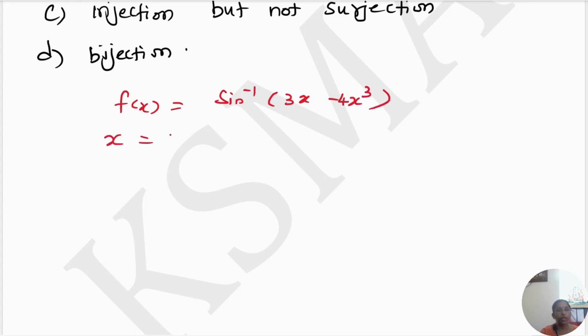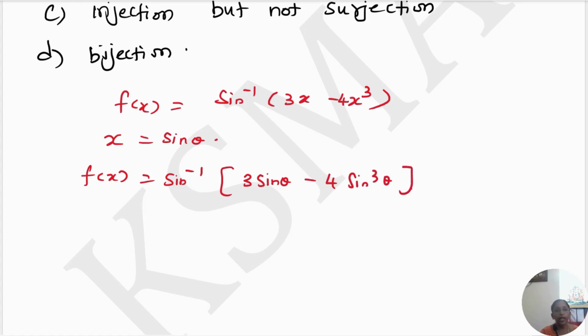Let us consider x is equal to sine theta. So our function becomes f of x is equal to sine inverse of 3 sine theta minus 4 sine cube theta. So this is the formula of sine 3 theta, sine inverse of sine 3 theta. So now our f of x is nothing but 3 theta.